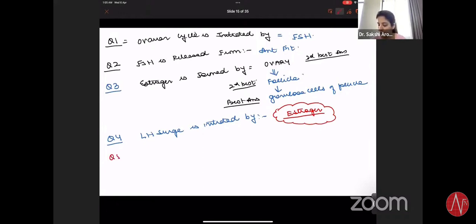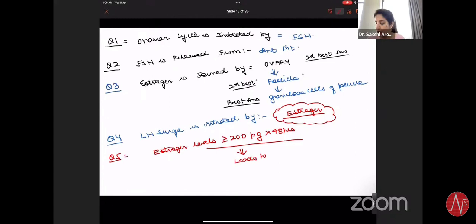Next question. Estrogen levels. Now, this question is not for the nursing students. This question is for the FMGE doctors who are listening to this lecture, right? Estrogen levels, if they are more than 200 picograms, PG is picograms, for 48 hours, then it leads to LH surge.